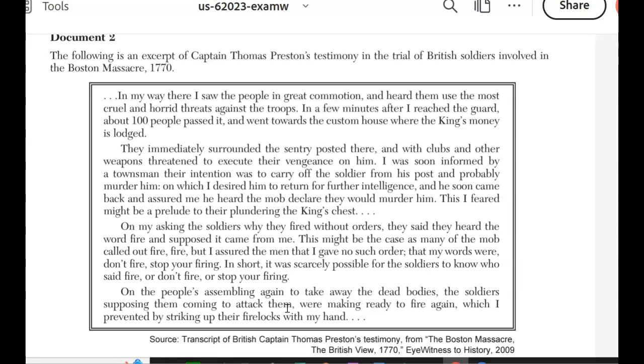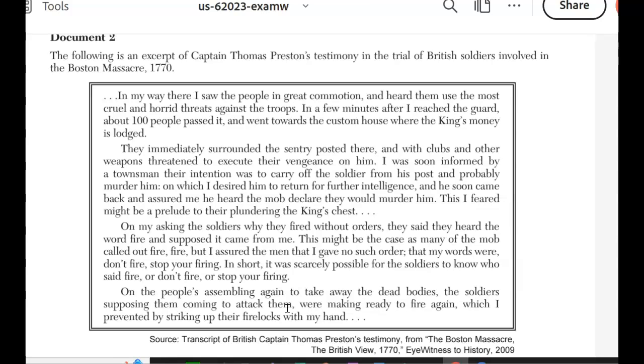So a firelock is a flintlock. That's the rifle. So what's the picture here? Angry mob comes after the soldiers with baseball bats. Well, it's not baseball yet. And torches and stuff. They're going to kill one of them. The soldiers hear somebody shout fire, so a couple of them pop off rounds into the crowd.